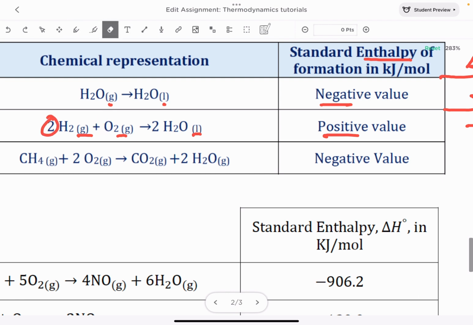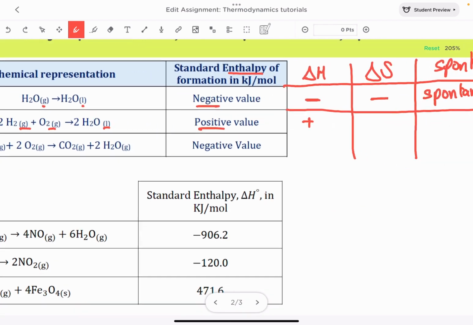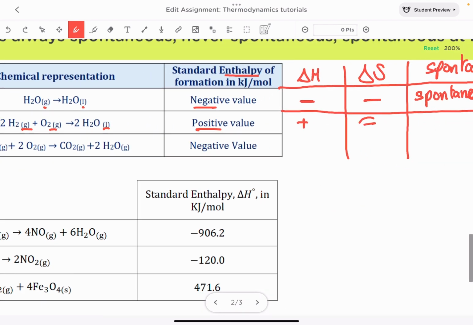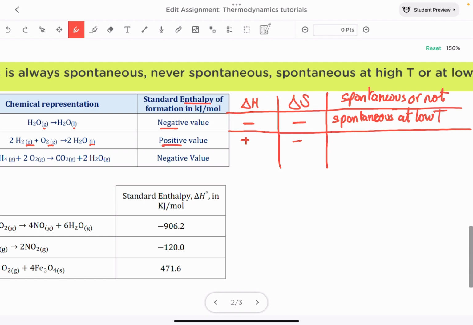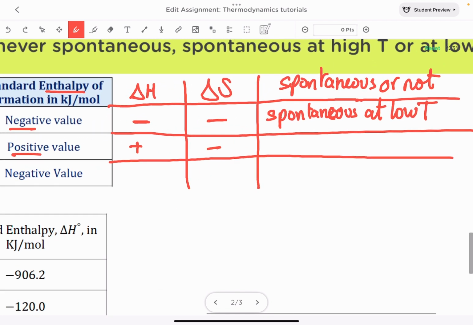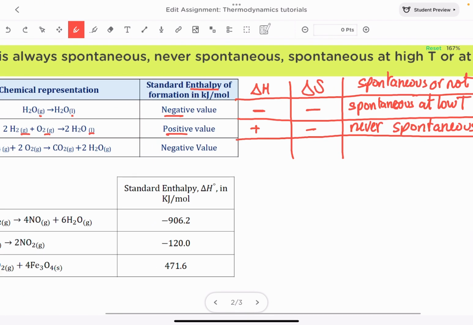Now I obtained in the product 1 mole. So again, entropy is decreasing. It's negative. So for an endothermic process, when delta H and delta S have opposite signs, it is never spontaneous for the case of endothermic system. So this one is never spontaneous.